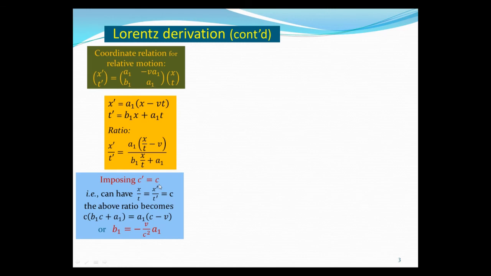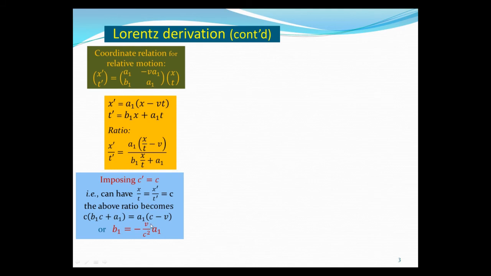Now we impose a condition that when a particle has velocity c, it will be viewed as having the same velocity in the prime frame. In other words, we impose the condition that when x over t equals c, x prime over t prime also equals c. So the above relation becomes c times (b1 c plus a1) on one side, and on the other side a1 times (c minus v).